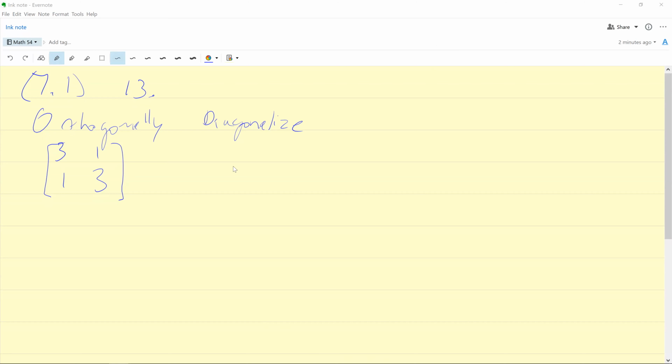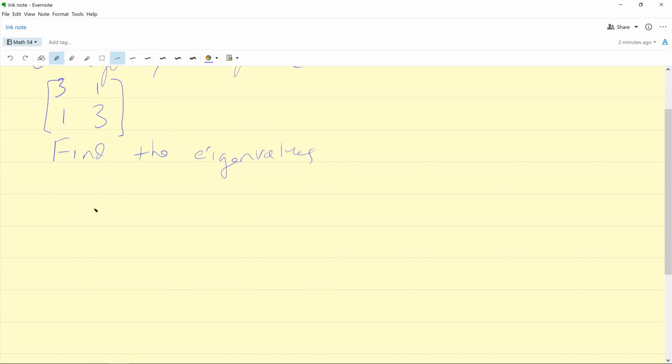So what's the first step going to be? Would you try to find the eigenvalues? Yeah. So we're going to find the eigenvalues, and how do we do that? Determinant of the matrix minus lambda I equals 0. And then we want this determinant, and what's that polynomial come out to?